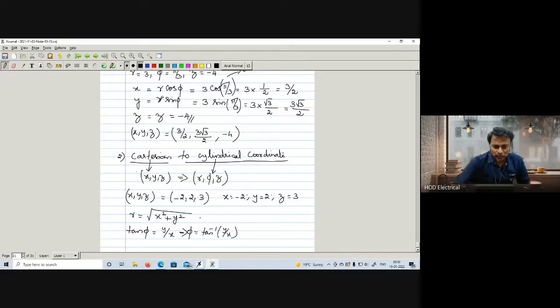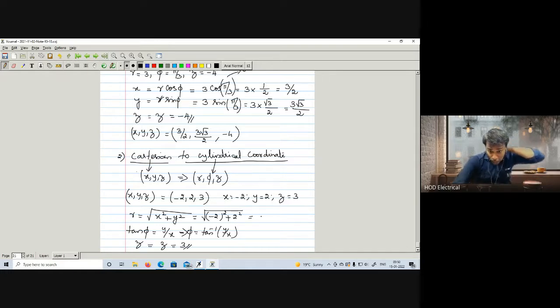Then z is the same in both, therefore directly we can write it as 3. So r is square root of minus 2 square plus 2 square, which is root 8.